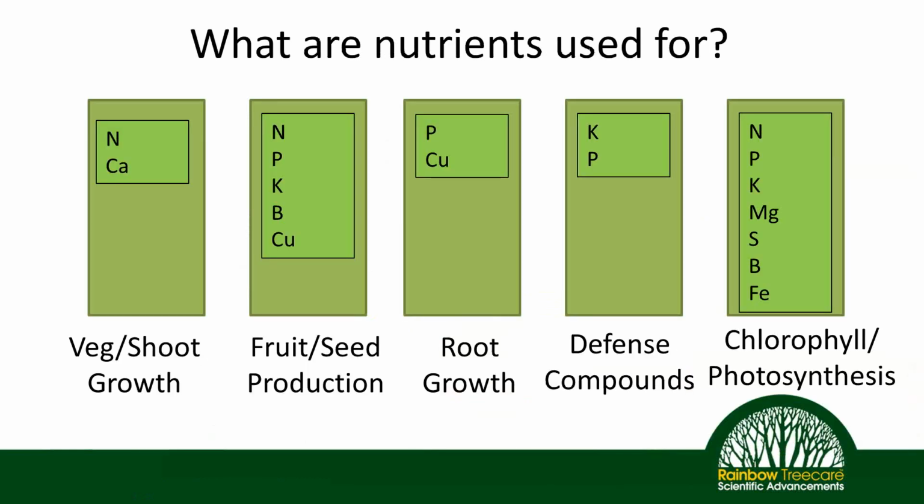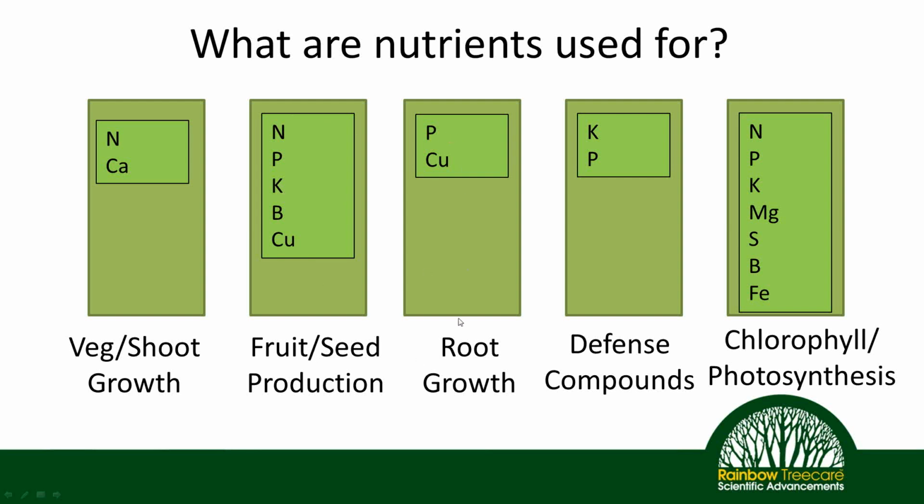And if we look at some of these nutrients and how they work within the plant, this is a very, very high-level chart of what some of these nutrients are doing. So again, we have nitrogen and calcium, which nitrogen, of course, has to do with having nice green leaves and supple twig growth, whereas the calcium has to do with building up those cell walls so that we have a stout plant. We have NPK, B, and Cu that have to do with fruit and seed production.